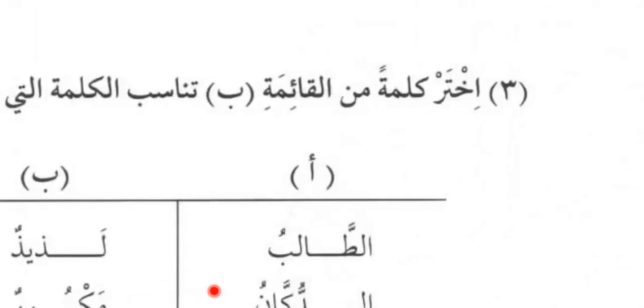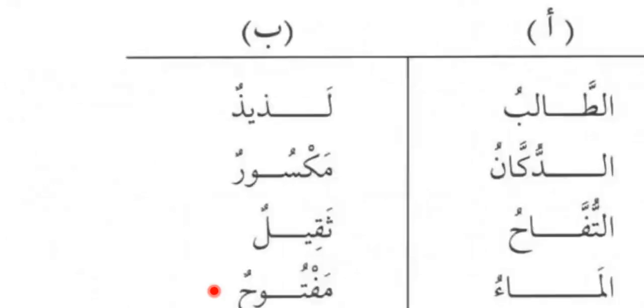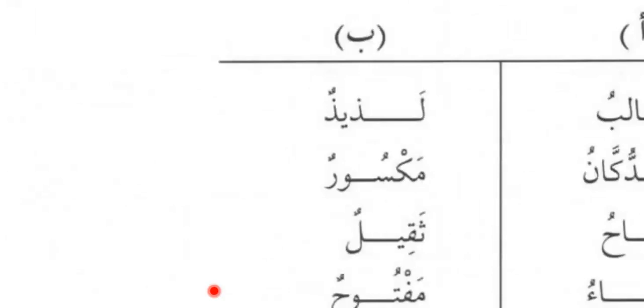We have لذيذ, مكسور, ثقيل, مفتوح, مريض, and حار. Again, we have لذيذ, مكسور, ثقيل, مفتوح, مريض, and حار. Okay.